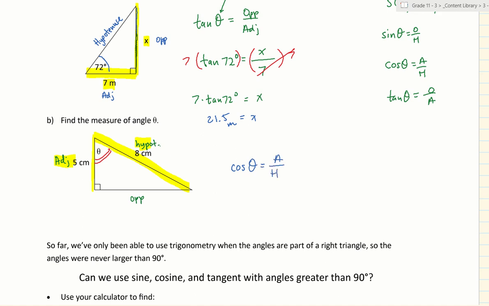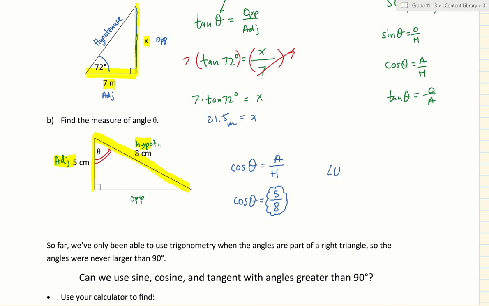Okay, so fitting in what we know, cos of theta is 5, the adjacent, over 8, the hypotenuse. This time we don't know what the angle is, so we have to use cosine kind of backwards. That is, we know what the ratio is, we just have to use our calculator to work backwards to find what the angle is.